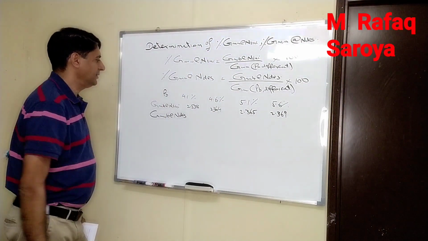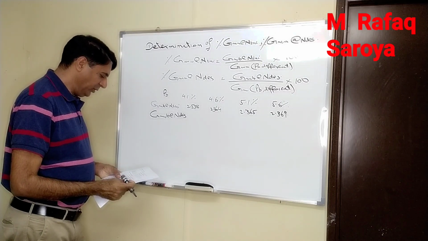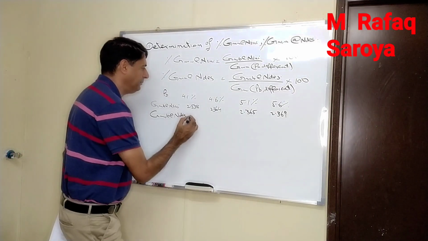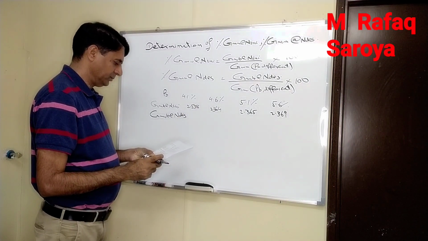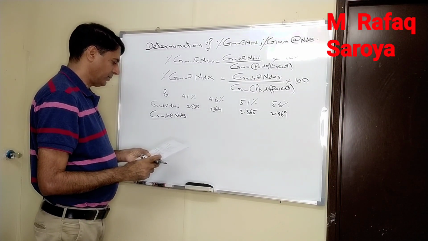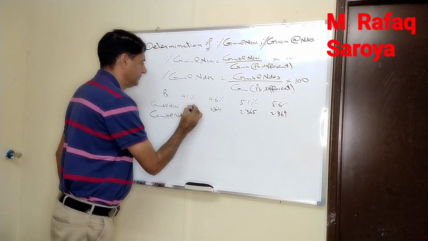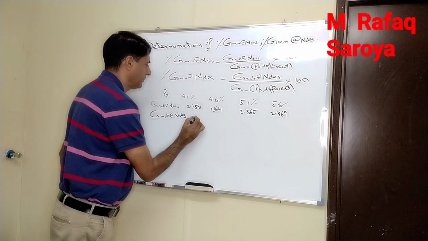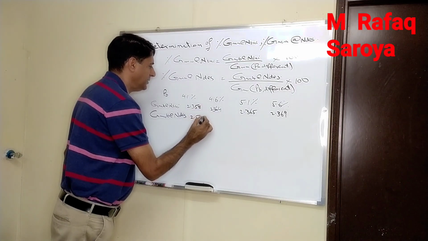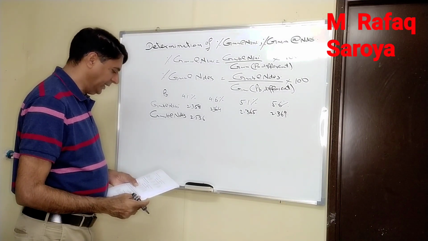Now for Gmb at N design, let me write down its value: 2.536. This is the value of Gmb calculated at the design level of compaction.